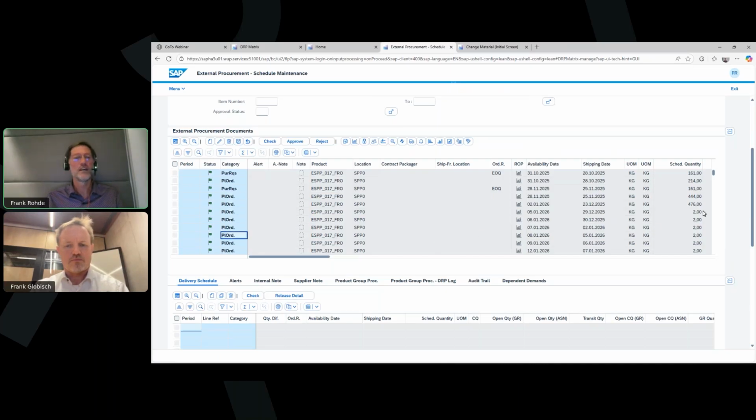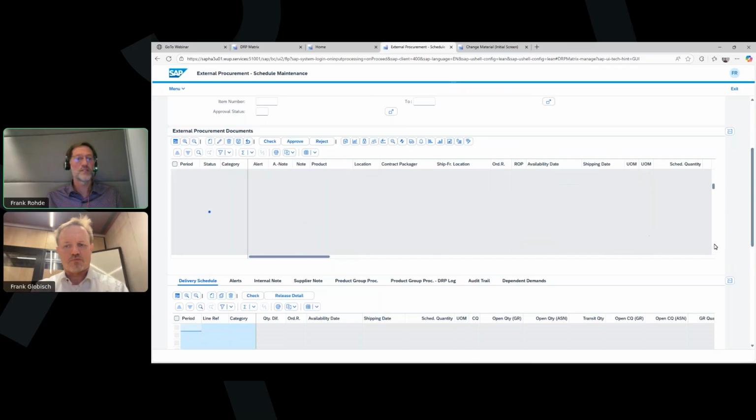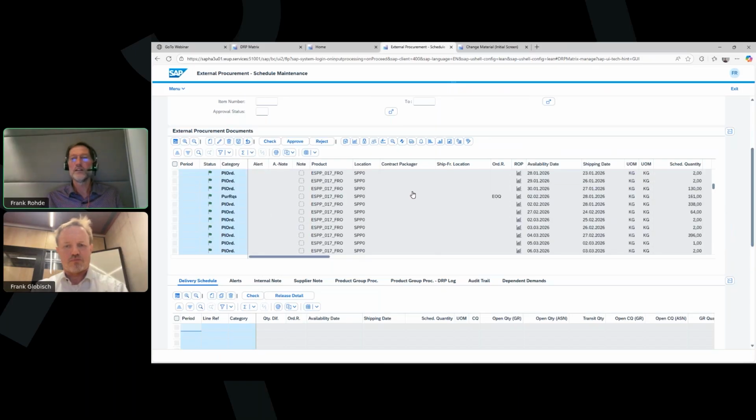The system is trying to do everything via repair based on our settings. Later on, in February, the repair capacity is not enough, so there we need to procure 161 again. But the rest is all covered by the repair, and we generate the planned orders for repair.